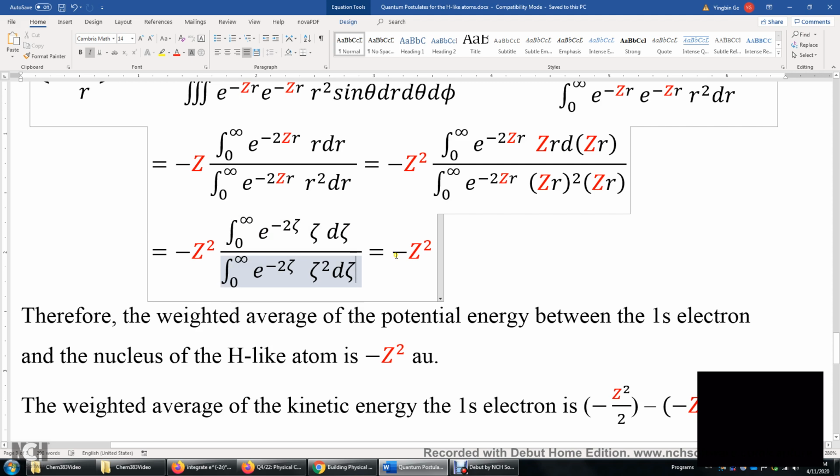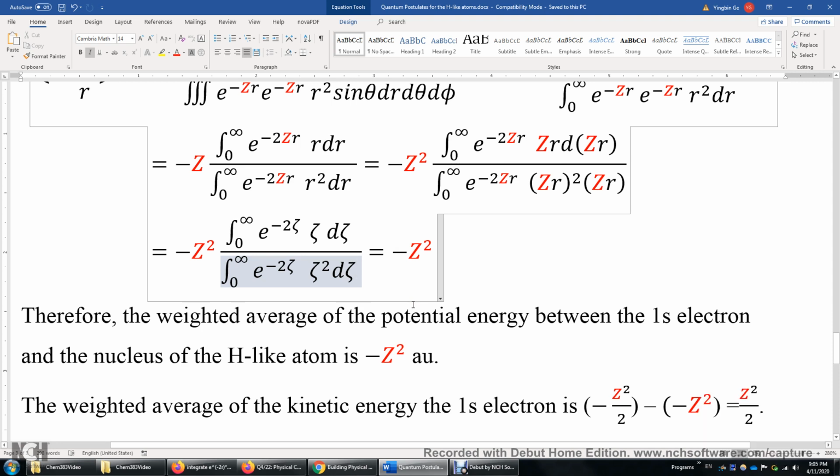It tells you the potential energy of the 1s electron in the H-like atom or ion is negative Z squared atomic unit. So if you have helium plus, the potential energy of that 1s electron is negative 4.